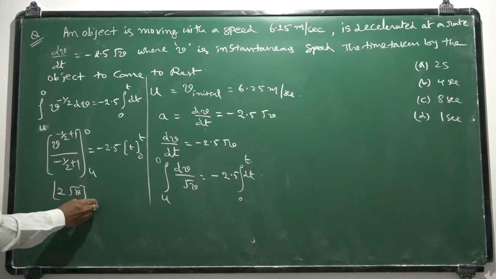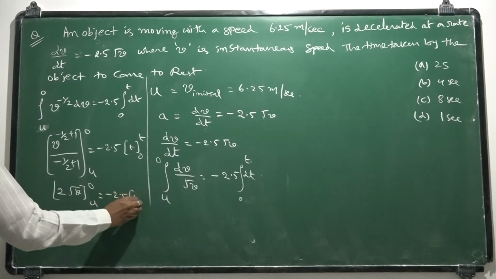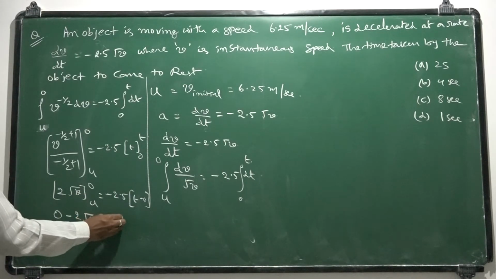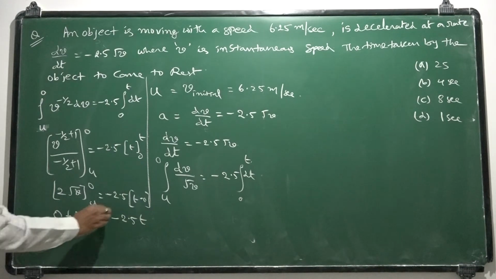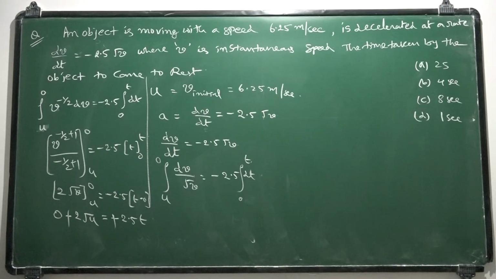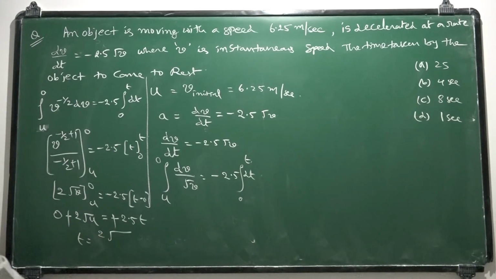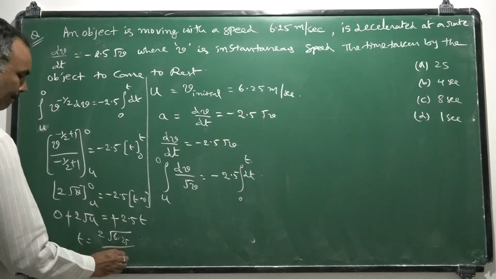Limits are from u to 0, equals minus 2.5 t minus 0. Whenever I substitute 0 here, it becomes 0 minus 2 root u is equal to minus 2.5 t. So minus minus gets cancelled. So t is equal to 2 root u divided by 2.5. In the place of u, I should write 6.25.